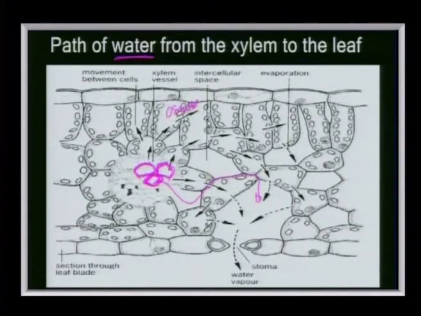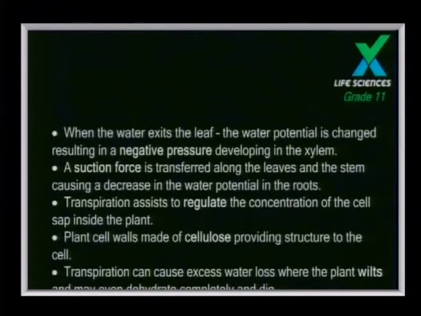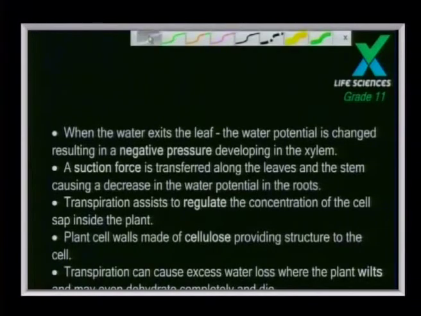The water then diffuses from these mesophyll parenchyma cells into the substomatal airspace, and then it moves out through the stoma, which is the pore, in the form of water vapor. People, please remember water vapor.